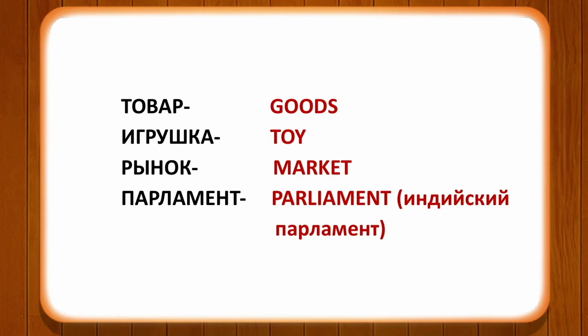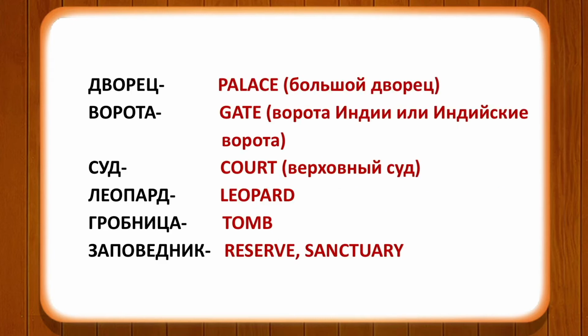You can have one example like Indiysky Parliament, which means Indian Parliament. Next word is dvorets. That means palace. An example of word combination would be bolshoy dvorets, a big palace. Vorota means gate. Vorota Indii, India Gate.